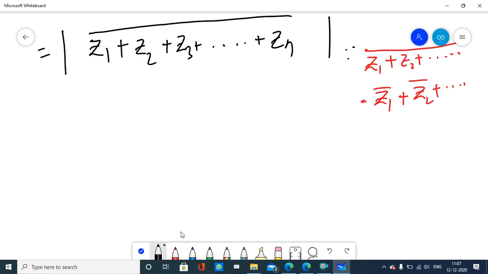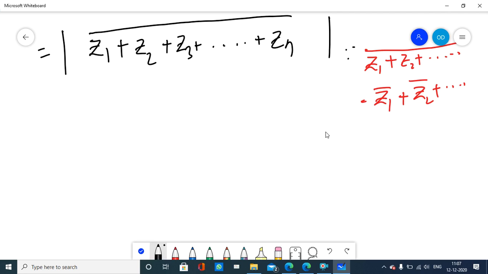Now, you see that Z1, Z2, Z3 up to Zn are complex numbers, and when you add them, you also get a complex number. Closure law, remember? Adding two complex numbers, you get a complex number.